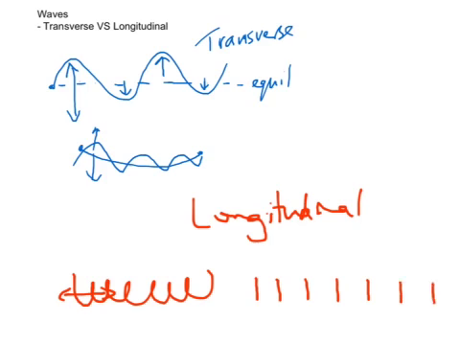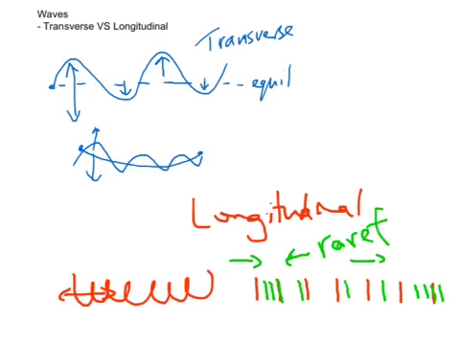But when you flick it, you're going to compress a whole bunch of them together, and then you're going to stretch a whole bunch of them out, and then as the wave passes down, you'd see it at a single point in time with a whole bunch of those compressions and stretched bits. The compressions we call compressions, and the stretched parts, where it's longer, we call rarefactions.